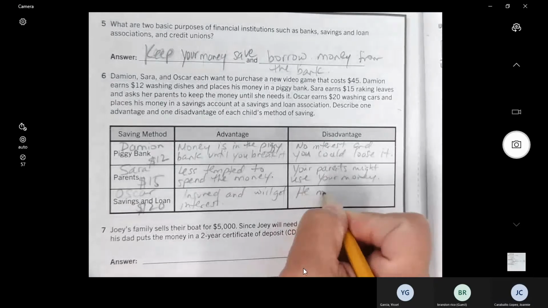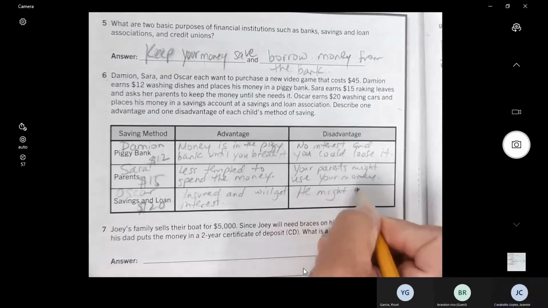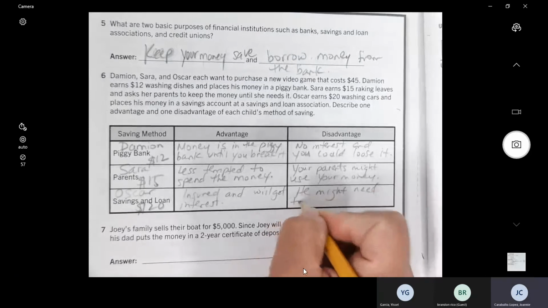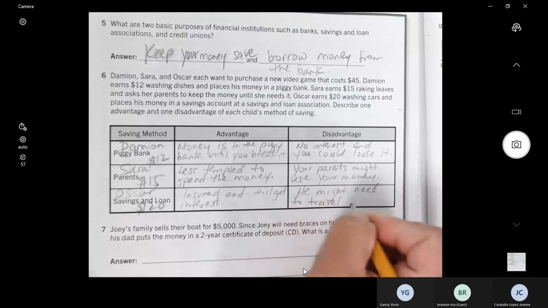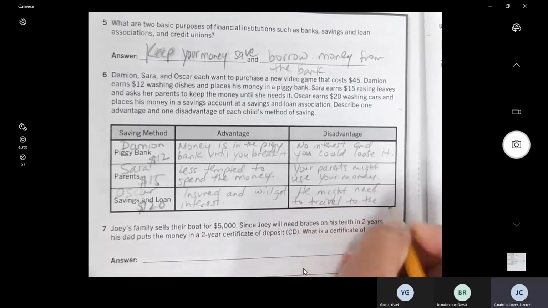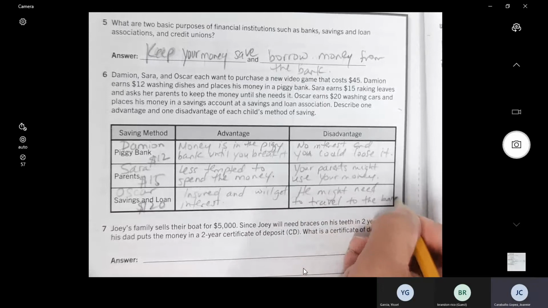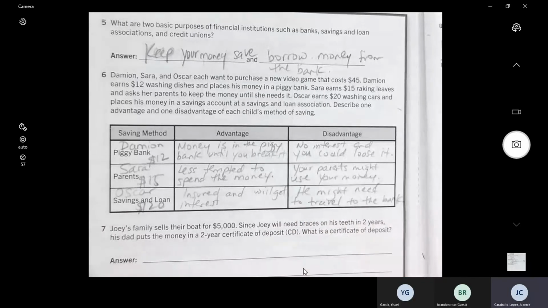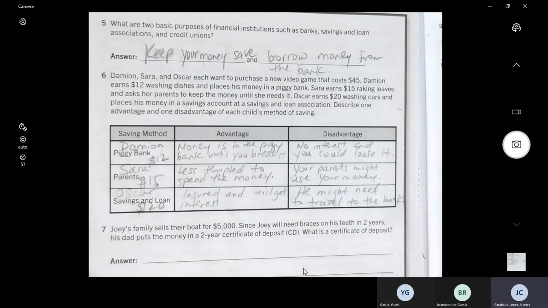He might need to travel to the bank. Okay? So obviously the money is not readily available. We're going to skip over 7 and 8.